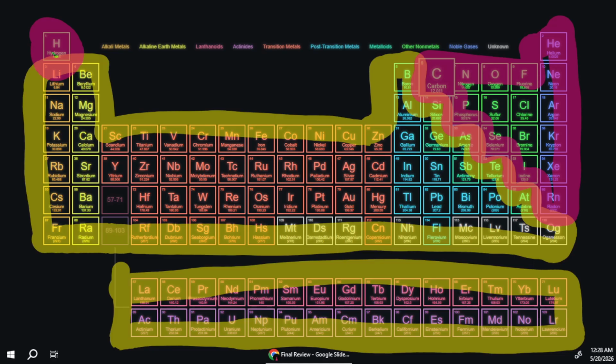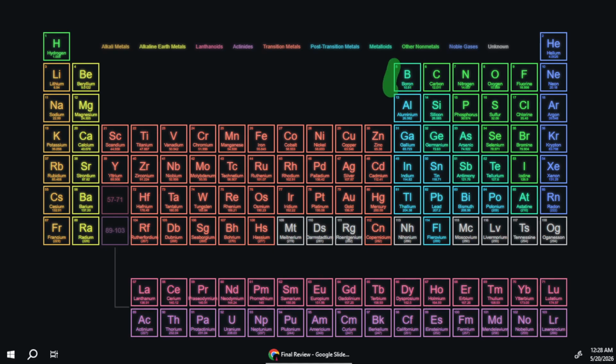And actually there is a special border between them, and those are the metalloids. Metalloids are boron, silicon, germanium over here. So metalloid is in between metal and non-metal. They're half and half. So they're not technically metals or non-metals. So they're the special ones. So ionic bonds. Let's remember this. Ionic bonds.